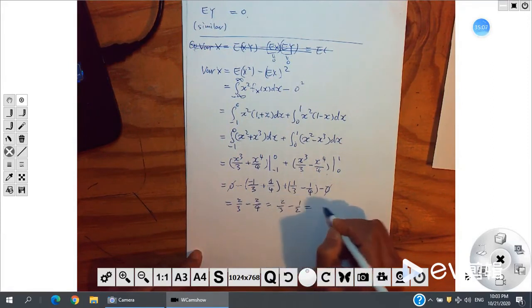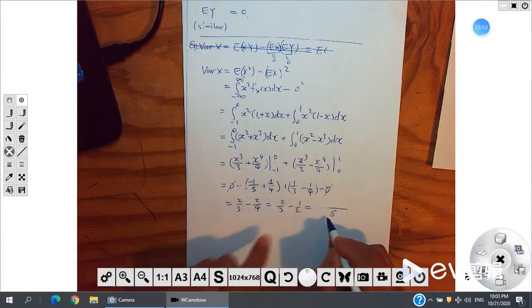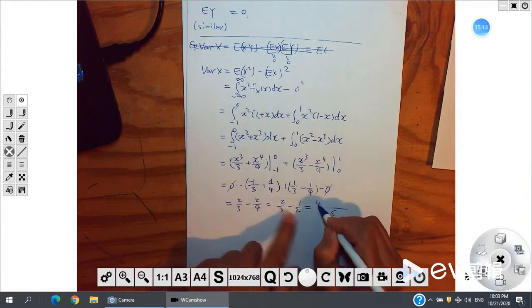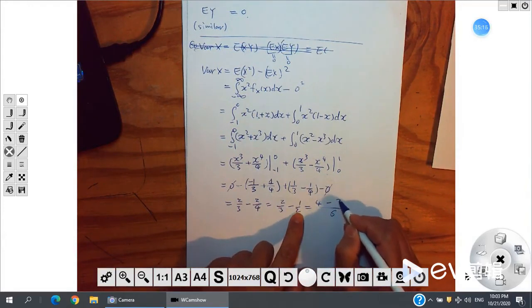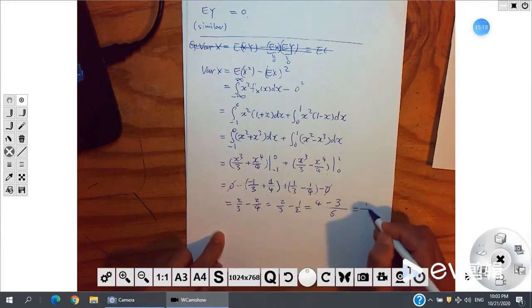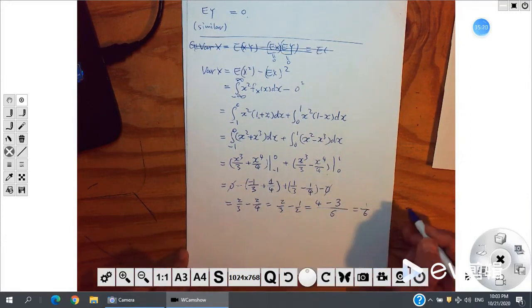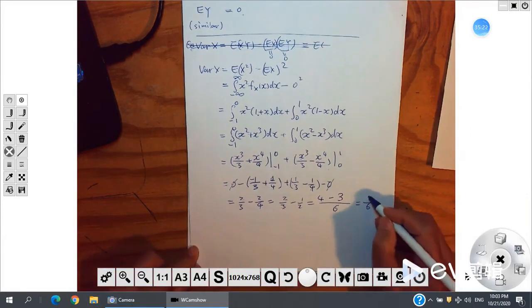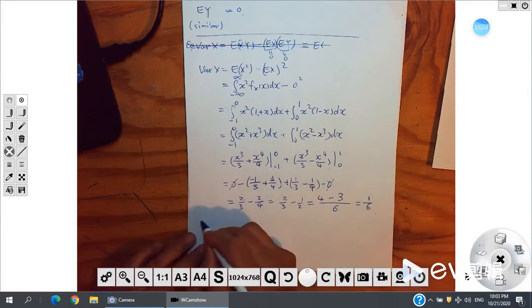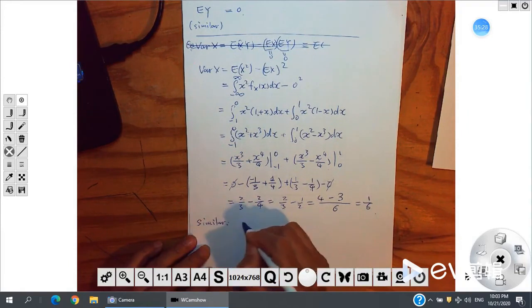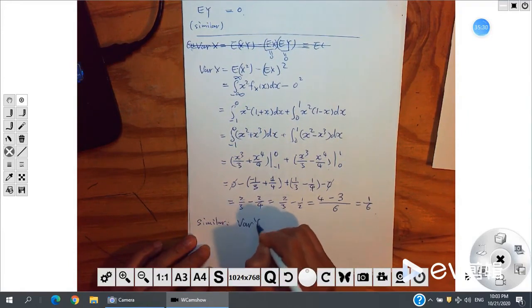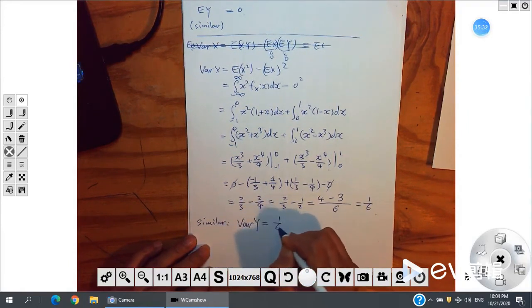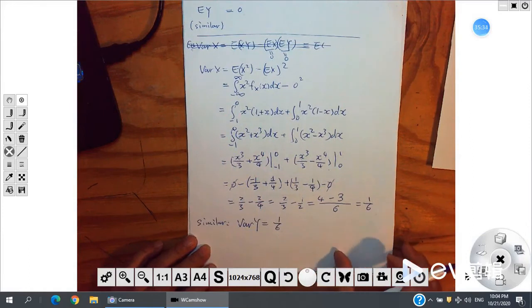So the common denominator is 6. Here I times 2 times 6, right? So here's a 4, and the minus I need times 3 here. So this is 1/6. I have variance of x is 1/6, and similarly we have variance of y. It is also 1/6.